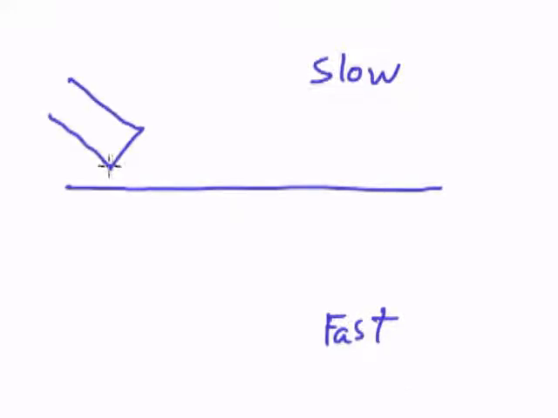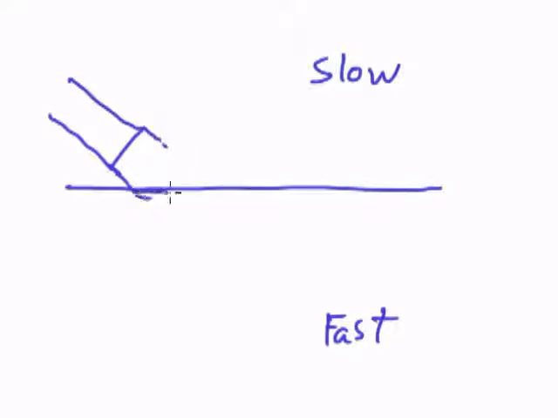Total internal reflection can only happen when the light is trying to move from the slow to the fast medium. So you got your little marching band here coming in, and when he comes down here, he's going to speed up while this guy comes down.